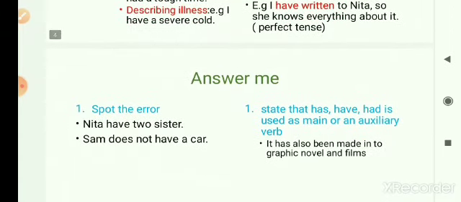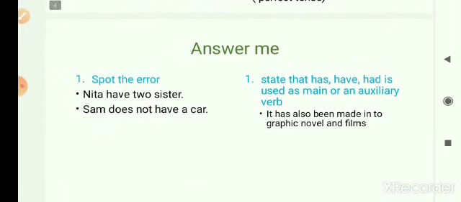Now let's answer the following. Spot the error. Neeta have two sisters. You have to tell me what is wrong in this sentence. Can you think of it? Yes, have is wrong. It is supposed to be has. Neeta has two sisters.